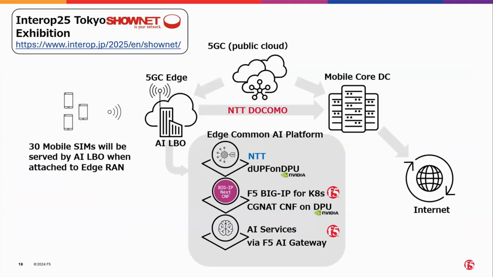The other thing to note here is that throughout this session, we've seen several other workloads running on DPUs. The distributed UPF is a workload that runs on a DPU. In this instance, we're running two DPUs in a host. One's running the distributed UPF functions, and one is running the BIG-IP functions. We've seen NGINX running as a workload, the automotive stuff running as a workload, and we saw DASH running as a workload.